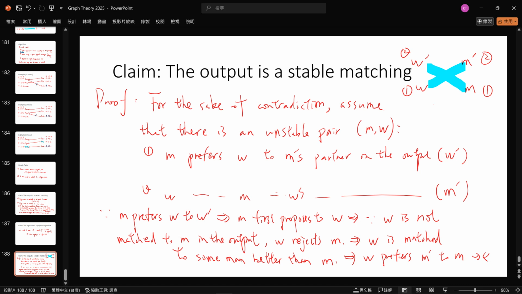So we start from the property given by this unstable pair, and then we use the algorithm to find the contradiction.